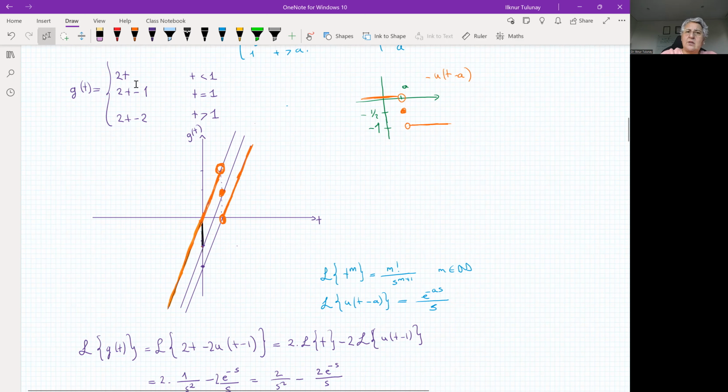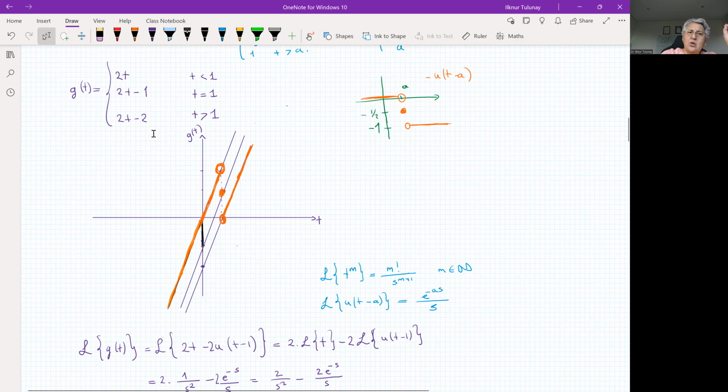So g(t) equal to 2t is a line with slope 2. If you have 2t minus 1, that is the line with the same slope 2, which means it is parallel to this line, right? This is the y equals 2x line. And if we shift it by minus 1, it means that we are thinking about the parallel line which passes through minus 1.